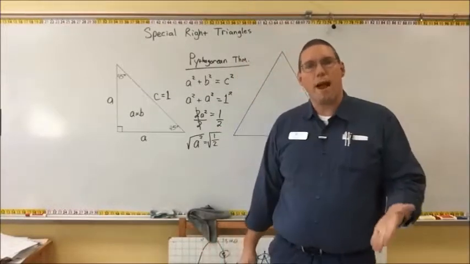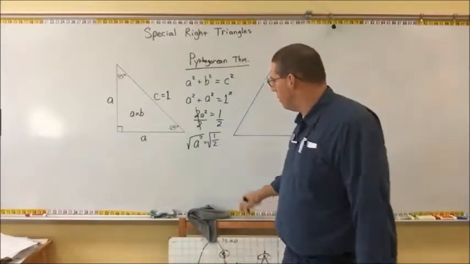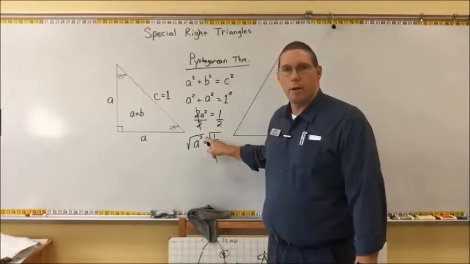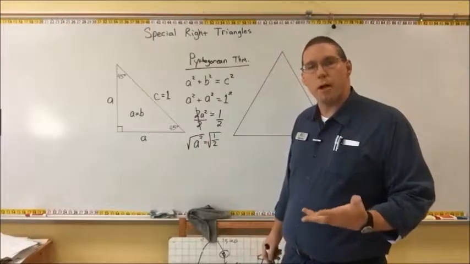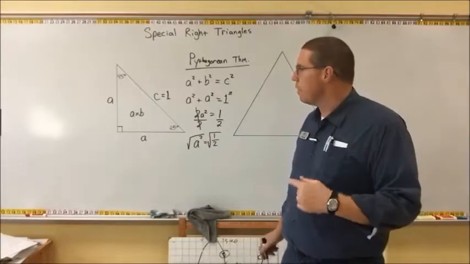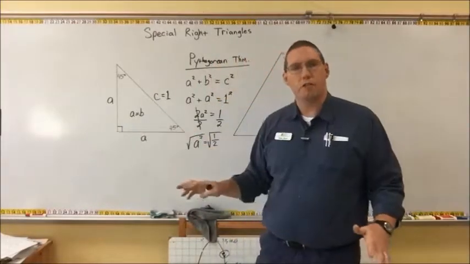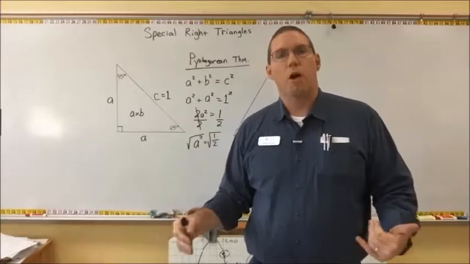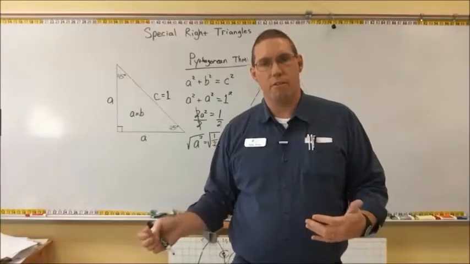Now, when we extract square roots to solve a quadratic, we normally put plus or minus here. But we are not going to put plus or minus, because we are dealing with the length of a side of a triangle, and lengths are generally always positive. We generally don't deal in negative lengths.